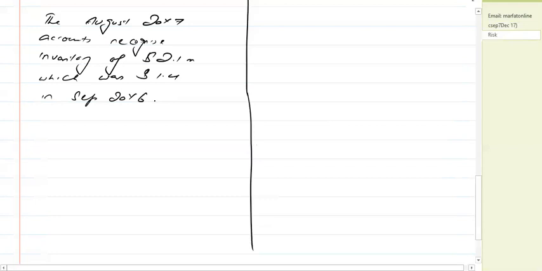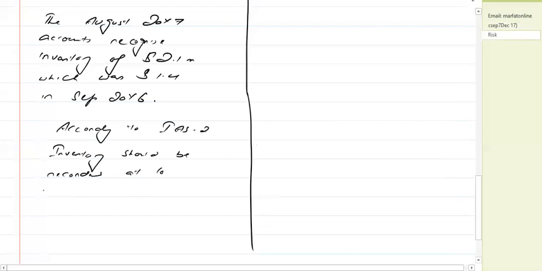The August 2007 recognized inventory of 2.1 million, which was 1.4 million in September 2006. According to IAS 2, inventory should be recorded at lower of cost or NRV.